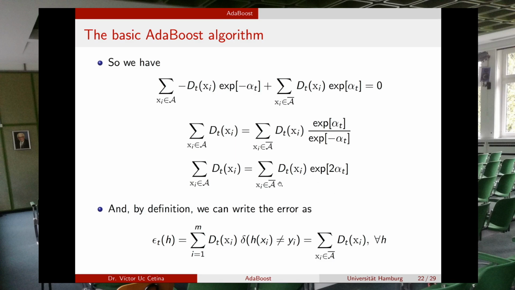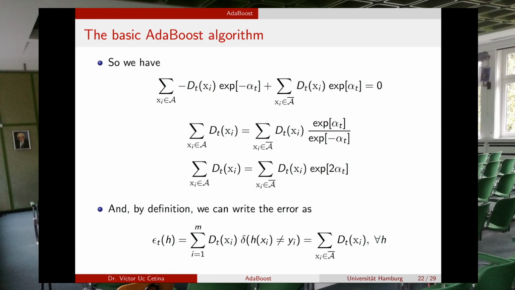And at this point, we can remember that the way we define the error of a specific classifier is simply the sum of the product of the current weight for that example times this function delta. This function delta gives you a 1 when you have a misclassified point, and a 0 when you have a correctly classified point.